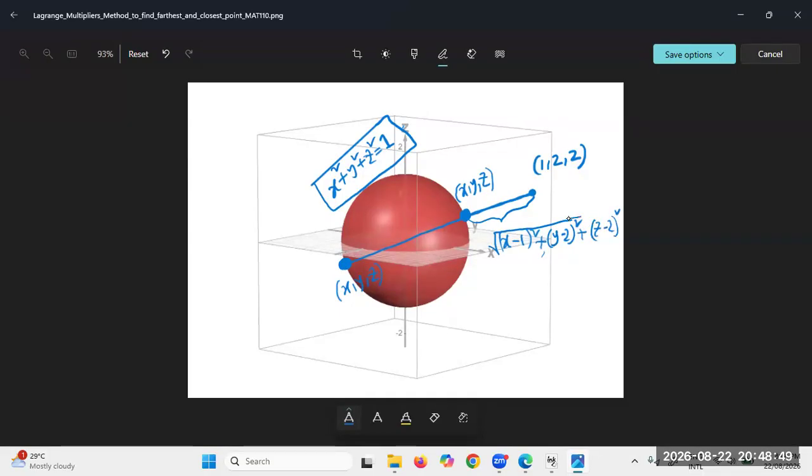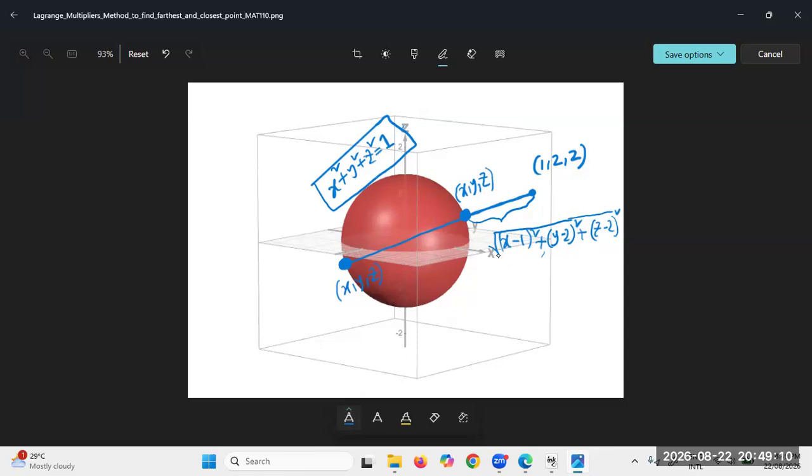This is the distance formula in 3D. For 2D, we know this is basically the square root of x minus 1 square plus y minus 2 square. So we need to minimize or maximize this length under the restriction x square plus y square plus z square equal to 1.